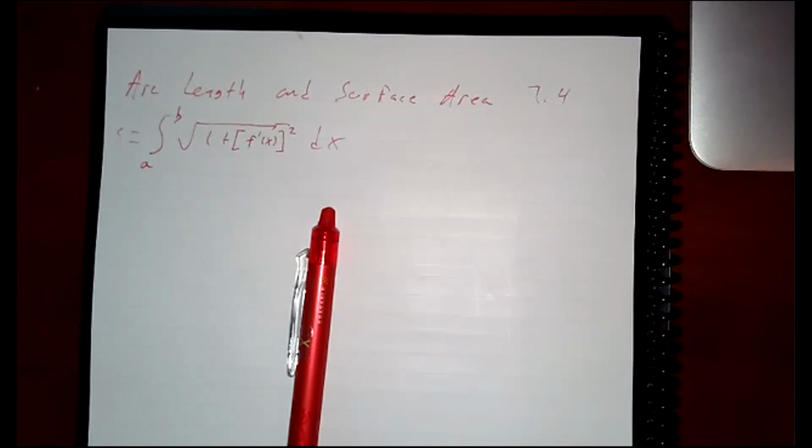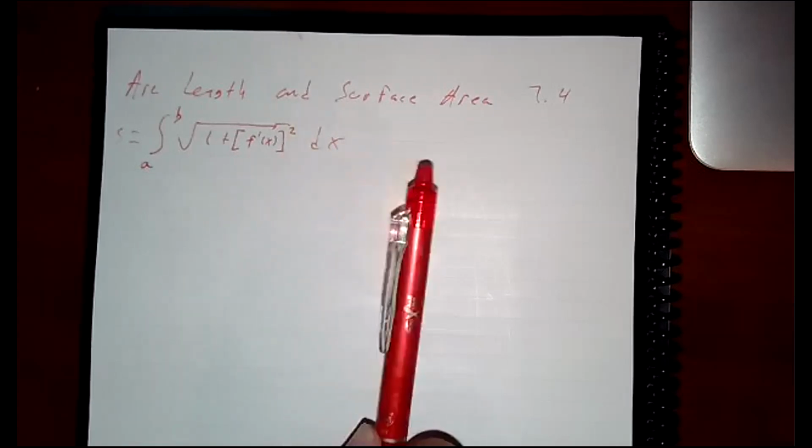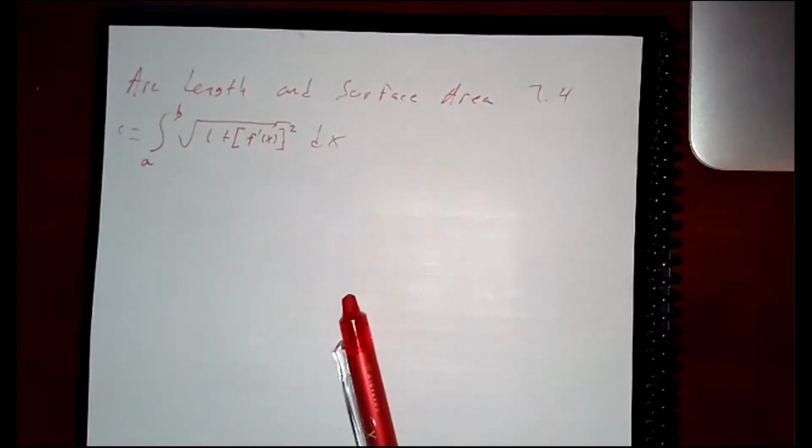So the arc length formula I just wrote down is basically derived from the original. If you take an infinite number of arc lengths and take the limit of it, you will find this integral.